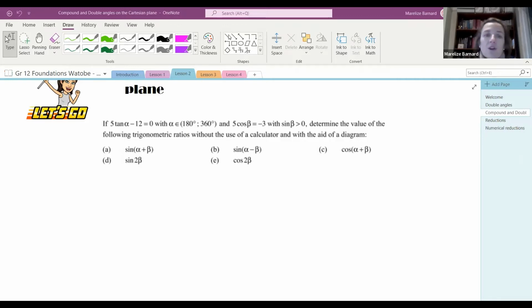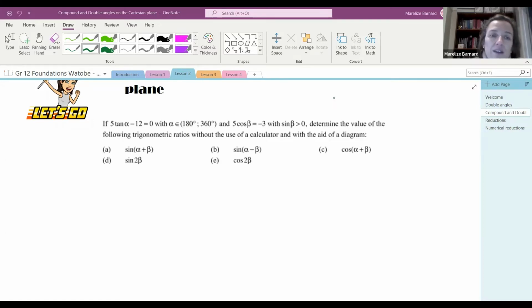Okay, so this is a typical question. Normally the Cartesian plane diagram question is the first question on the paper, and if you've worked through past papers before, you would have recognized it. It always starts like this: if, and then they give a trig ratio.